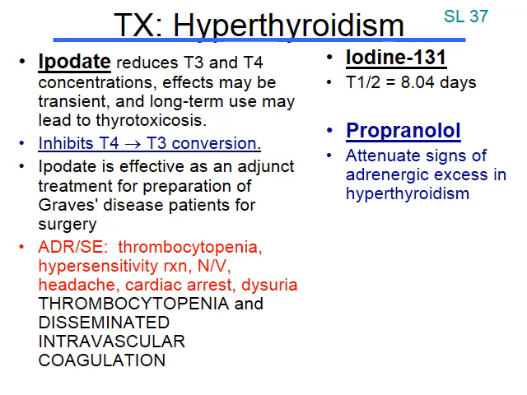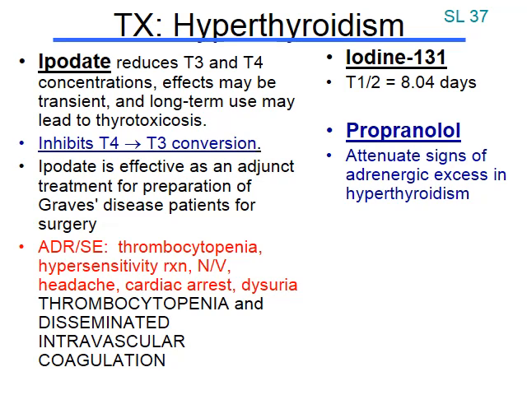So a few other drugs are available to treat hyperthyroidism other than the thioamides we've mentioned. These include a drug like Ipodate. Ipodate works to reduce T3 and T4 levels in the blood. It's noted that the effects may be transient and that long-term use may actually cause or aggravate thyrotoxicosis.